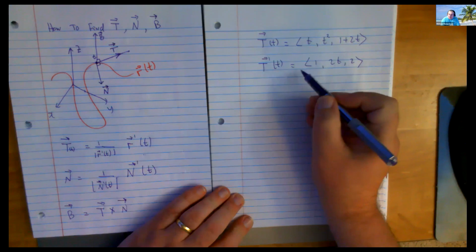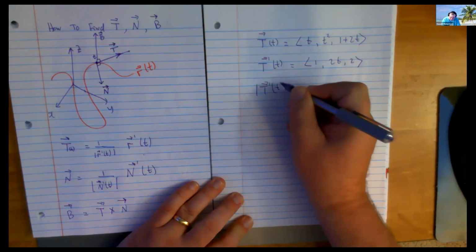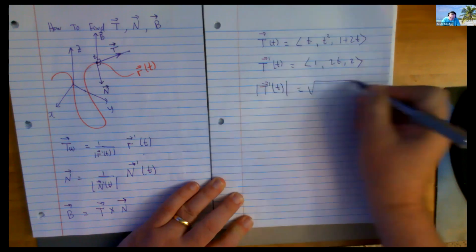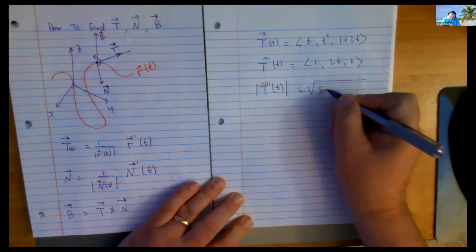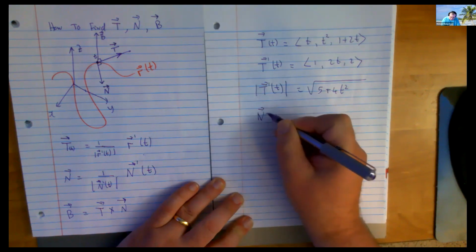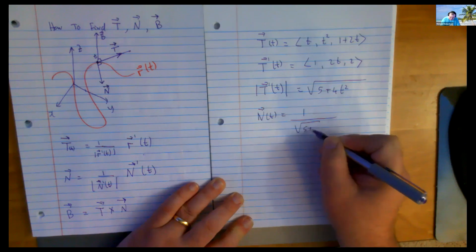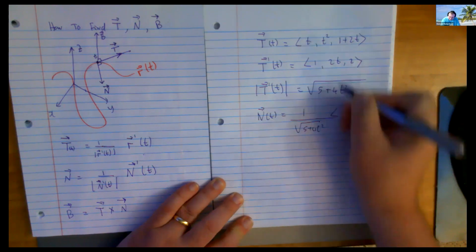Right, back to this guy. You differentiate him. You find his magnitude. And then the unit normal will be 1 over this horrible guy times this guy.